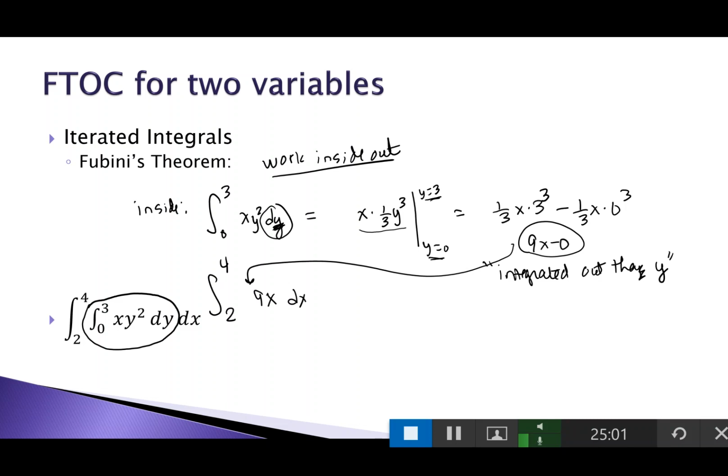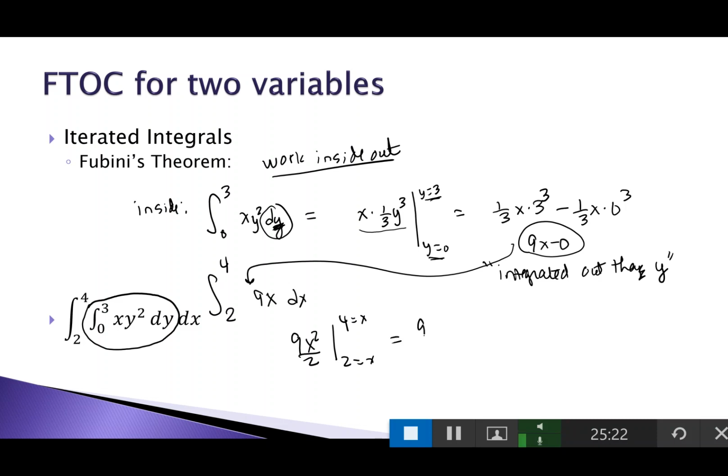And that's very easy to do, right? That's 9x squared over 2, evaluated from 2 to 4. And I don't have to put x equals at this stage, although it never hurts to do it. It never hurts to do it, but you don't have to because there's no ambiguity about my variable.